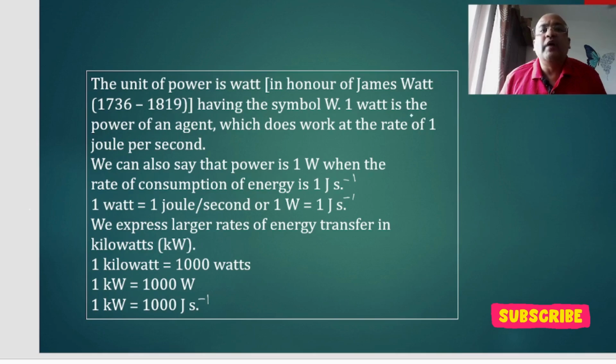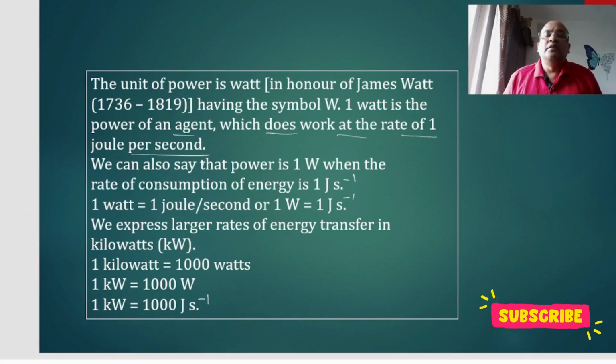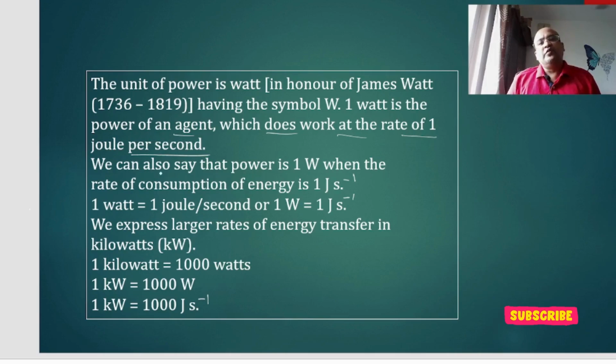1 watt is the rate at which an agent does work at the rate of 1 joule per second. So we can also say that power is 1 watt when the rate of consumption of energy is 1 joule per second.